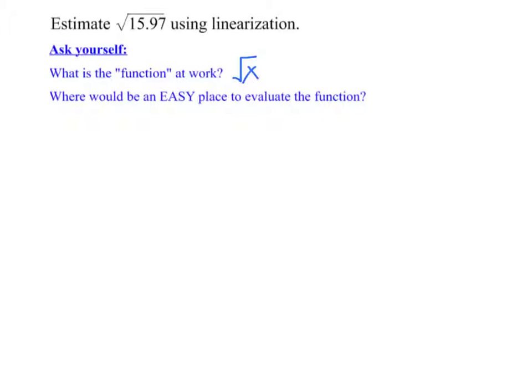Okay, and if you think about this, let me quickly sketch this picture. If you think about the square root of x, it looks like that. What I'm trying to do is find a tangent line at a certain x value, such that for points around that x value, the tangent line and the function are really similar.